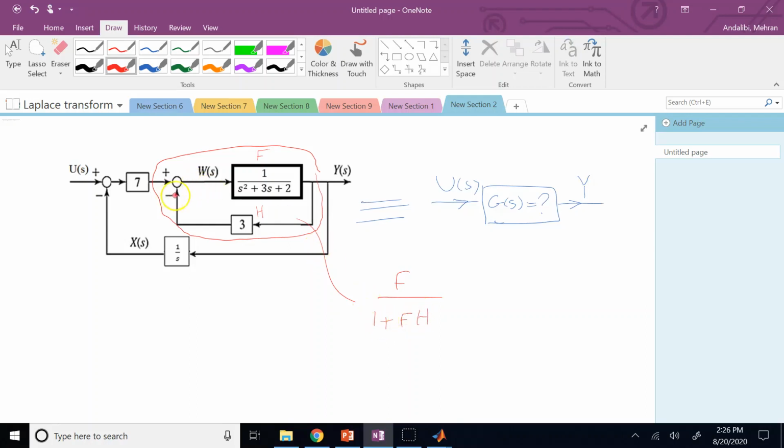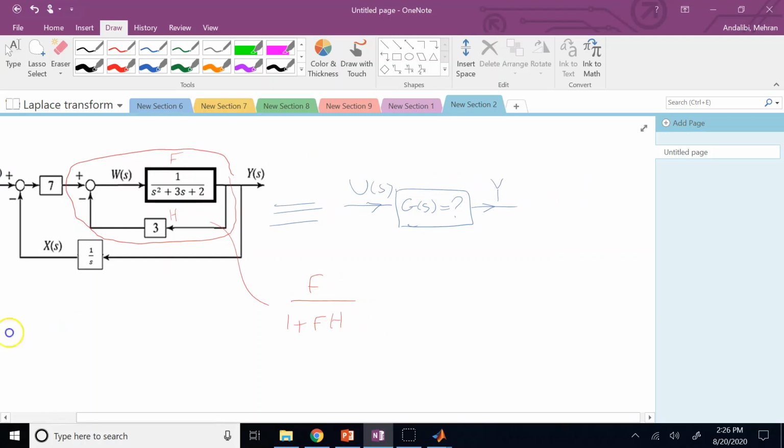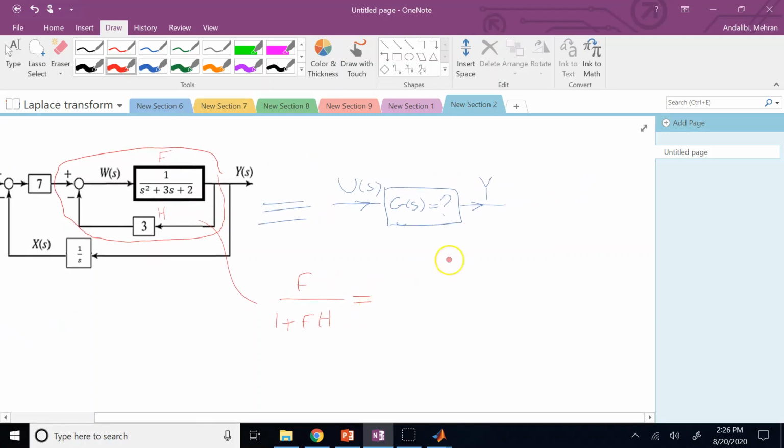Why plus? Because this is minus. So if I replace that and simplify, what do I get? I would get 1 over s squared plus 3s plus 2, divided by 1 plus that same thing multiplied by 3.